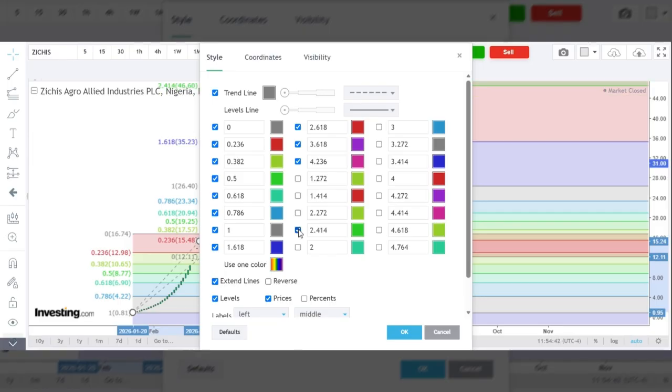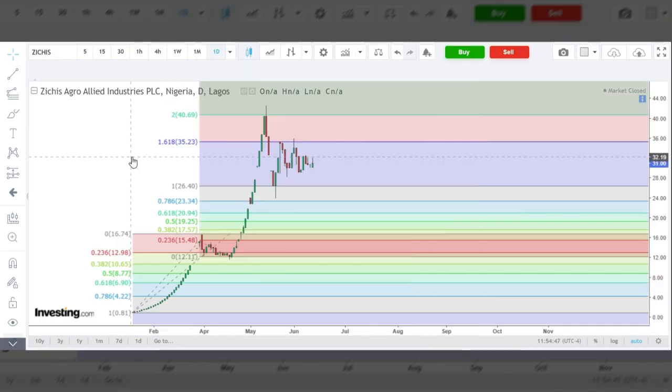Okay, let's see. It actually stopped at 2. Stopped at 2. So usually wave 3 extends more than 1.618. It can extend as far as it wants to go. It can extend to 3.618, even sometimes to 5.618, depending on how good the market is. So it stopped here. This is our 1, 2, and then this is 3.